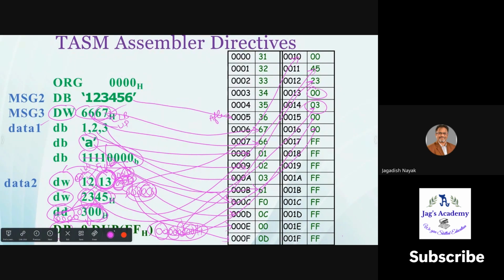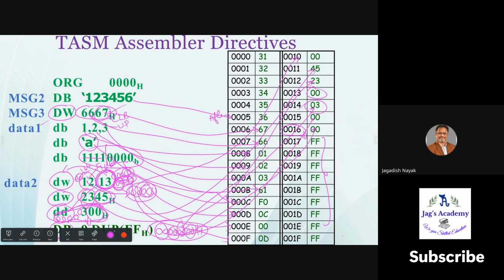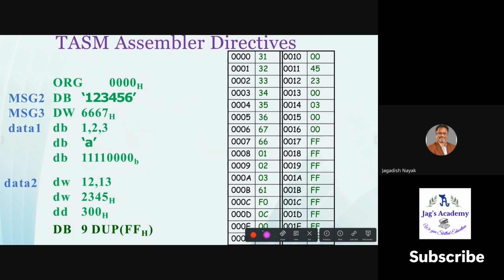The last memory location is 0016, and from the next location you are going to save FF in 9 locations. That's what the declaration is. You are going to save FF 9 times in 9 continuous locations. So this is the way the data is stored in the memory.